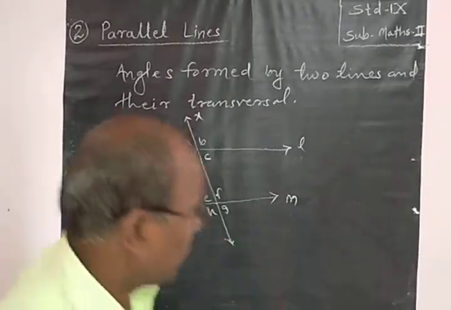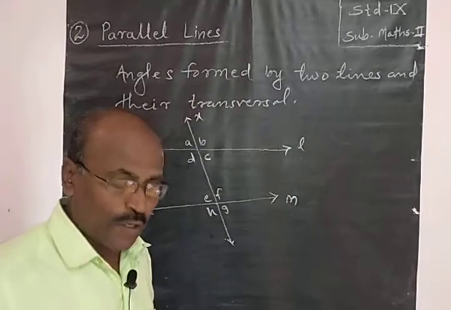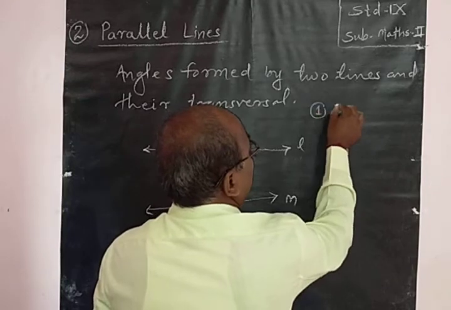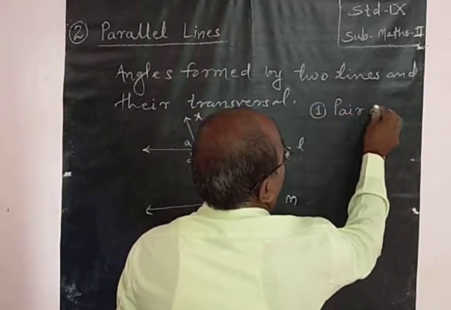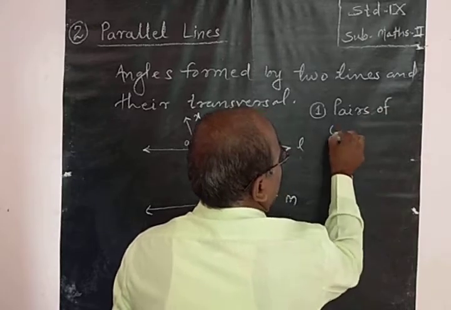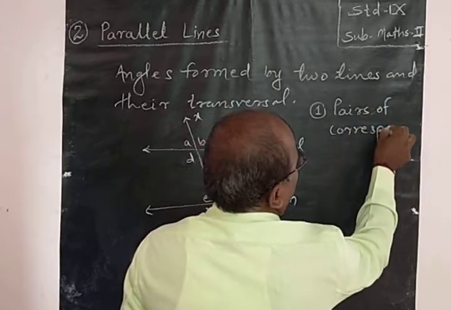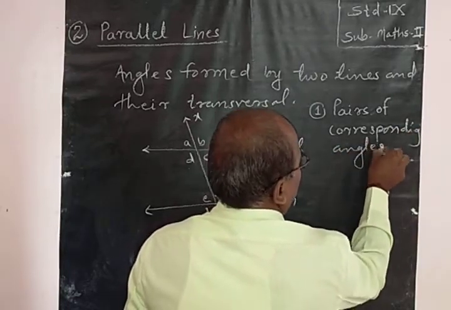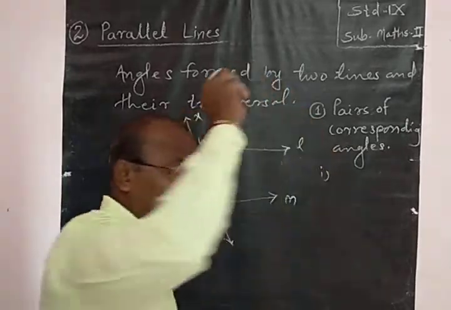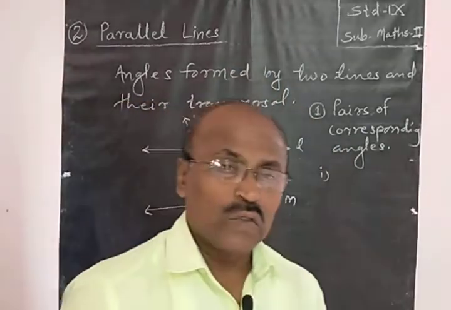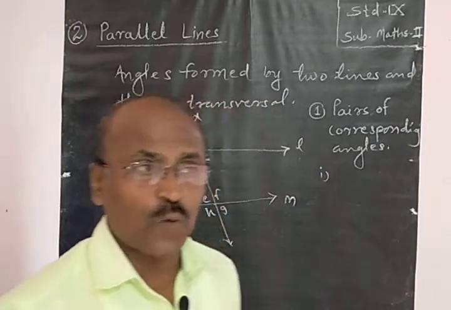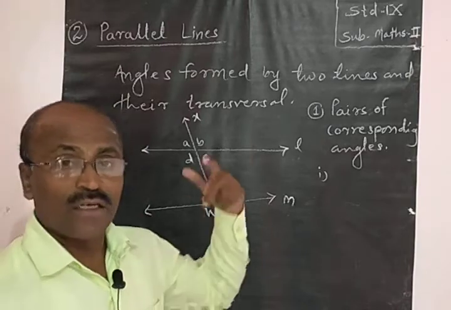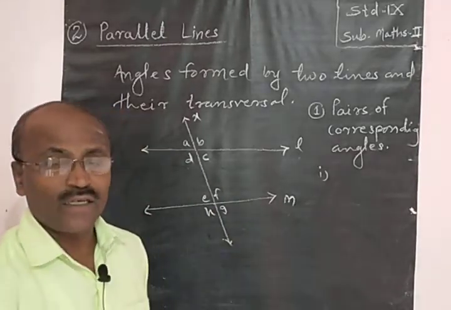So here let us see which are the pairs of corresponding angles. There are total 4 pairs of corresponding angles formed when a transversal intersects the two lines at two distinct points.